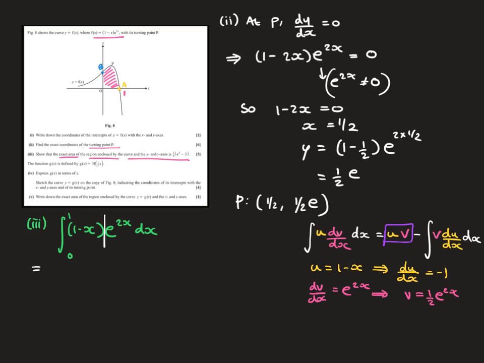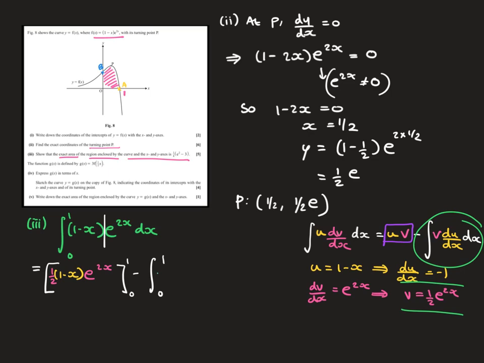So our integral, don't forget we have limits to think about later on as well, u multiplied by v, so 1 minus x multiplied by a half e to the 2x, minus the integral of v multiplied by du by dx, so that's this part here, which is the product of these parts here.